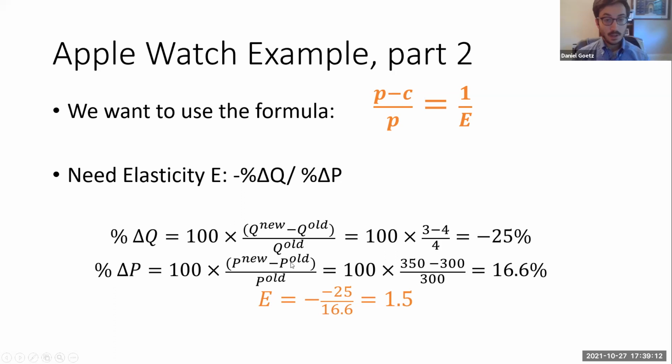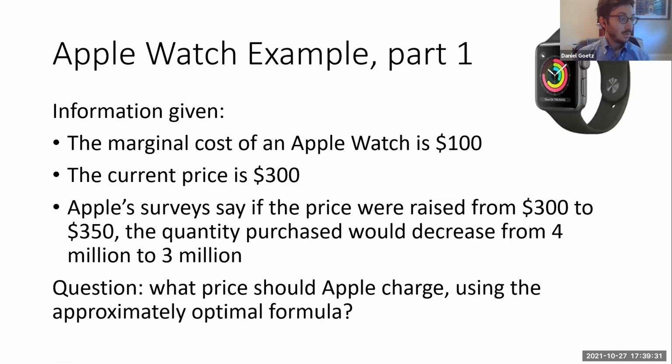From the survey that Apple ran, we observe Q new and Q old, and for prices, P new and P old. When I say new and old, think of old as our starting value. So Q old: we're starting from $300, and the quantity purchased would decrease from 4 million to 3 million.